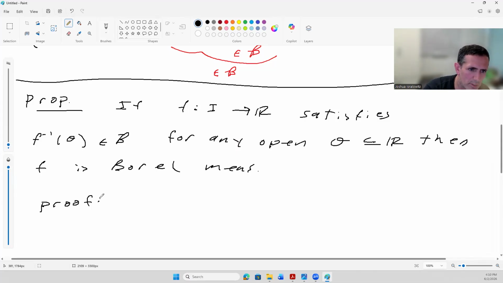The converse is absolutely trivial: if F is Borel measurable and theta is open, then theta is a Borel set, and therefore the inverse image is Borel.